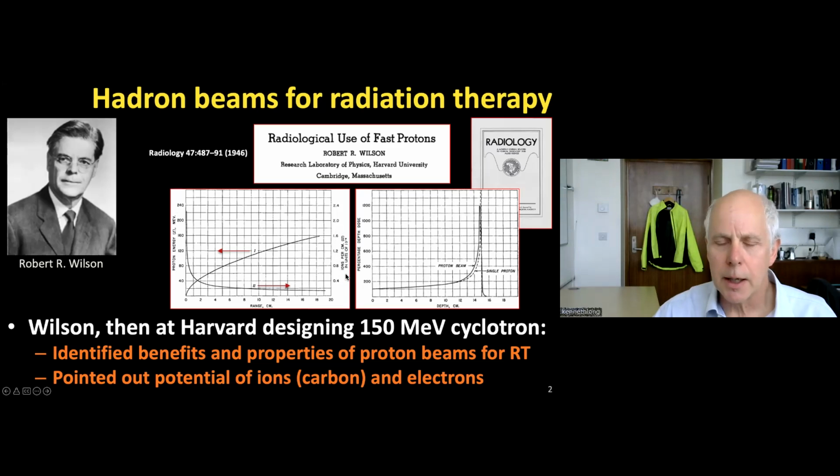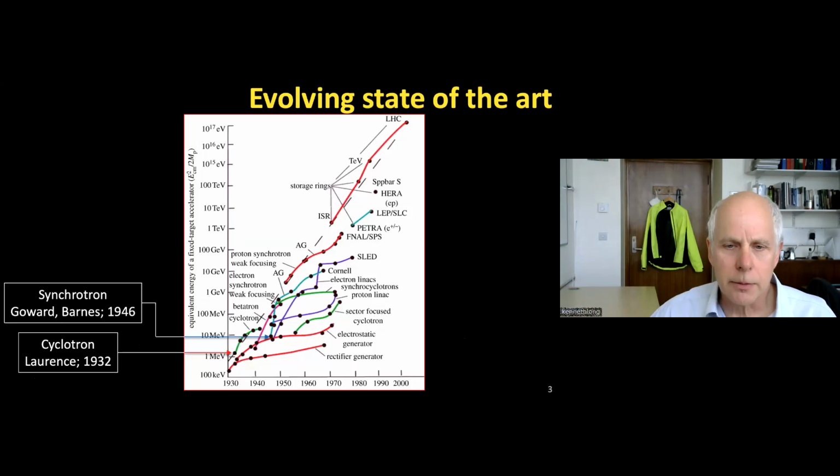So this is now linear energy transfer, or the dE/dx of the particle. And he was already distinguishing between the Bragg peak, the pristine Bragg peak in modern jargon, and a spread out Bragg peak, which is coming from the properties of the beam as well. So he really laid the foundations for the field way back in 1946.